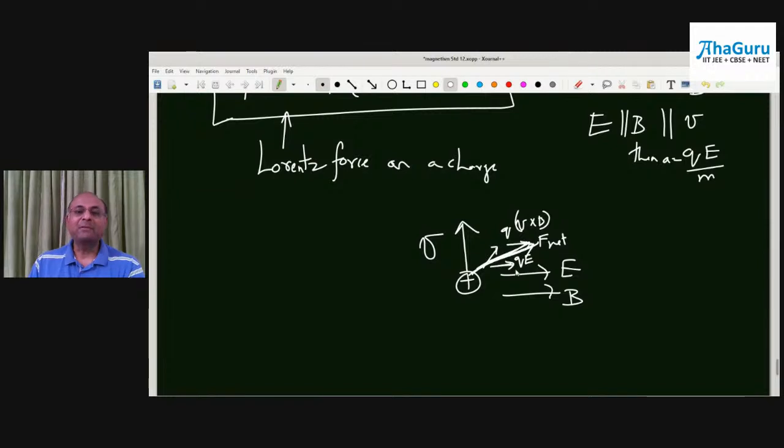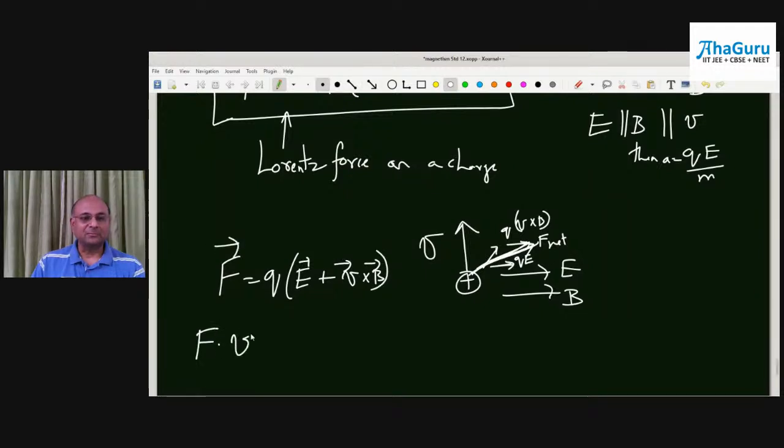But the QE will do work. QV cross B won't do work. So the net force involves both Q times E plus Q times V cross B. When you do F dot V, because F dot V is power, work done is F dot S, per unit time is F dot V. So if I did F dot V, Q times E dot V need not be 0, no?